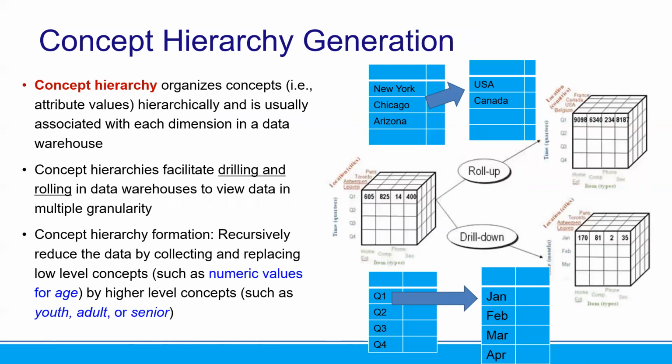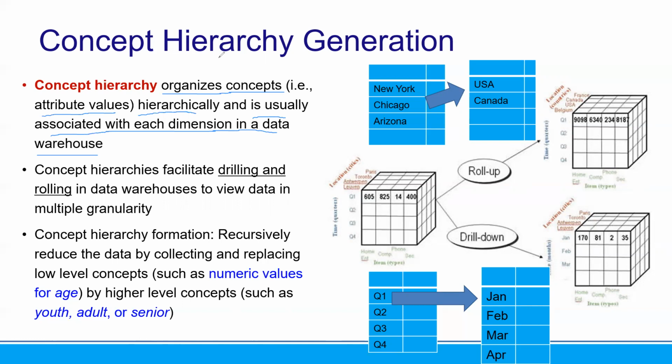When we have the discretization or the transformation, we can also use the concept hierarchy. The concept hierarchy means we want to organize the concept, meaning the attribute values, hierarchically, and it is usually associated with each dimension in the data warehouse. I already taught you about the aggregation.